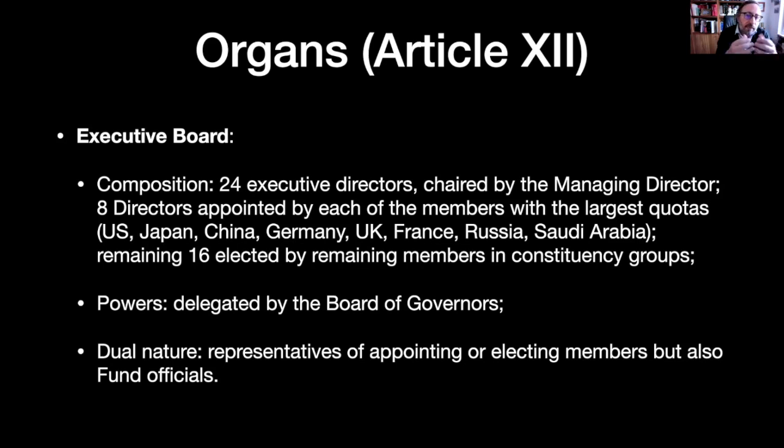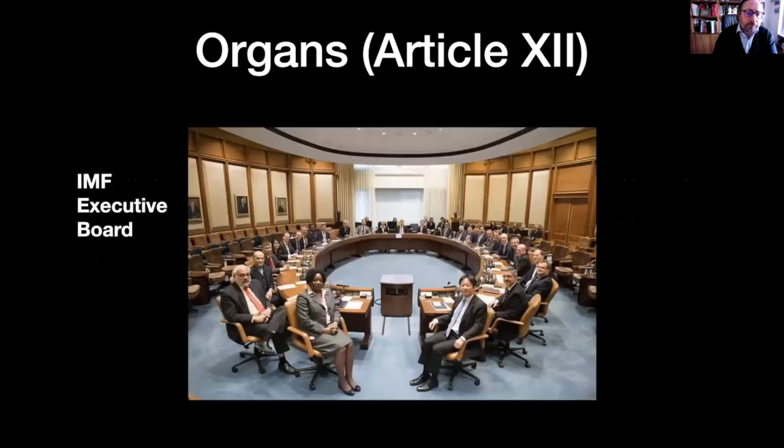They represent either the member that appointed them, or the constituency, the set of countries that had the power to appoint that specific director. But they also have an allegiance to the fund. They're fund officials, so they're not strictly speaking representatives of the states, in the sense that they would only carry out the instructions of their appointing or electing constituency.